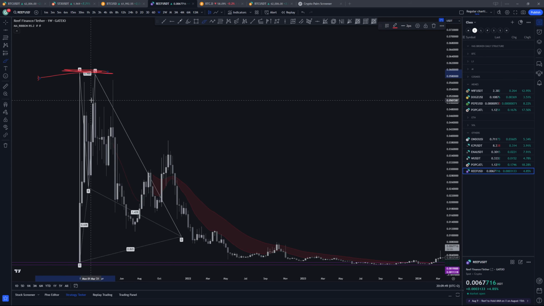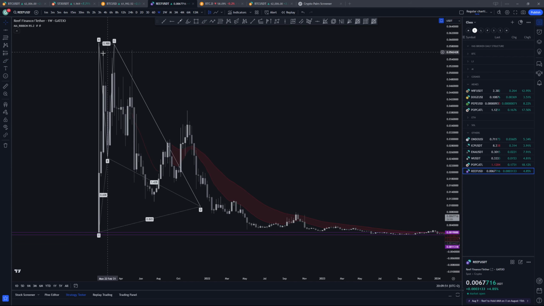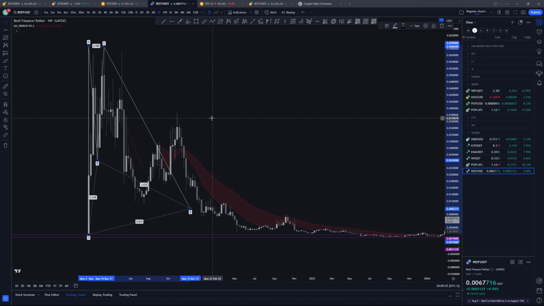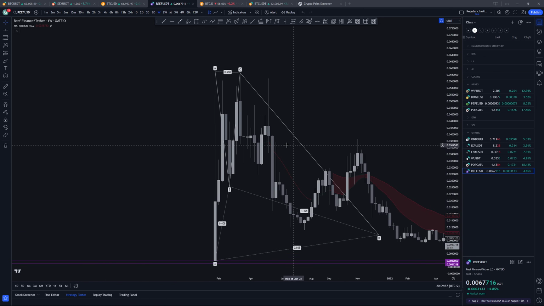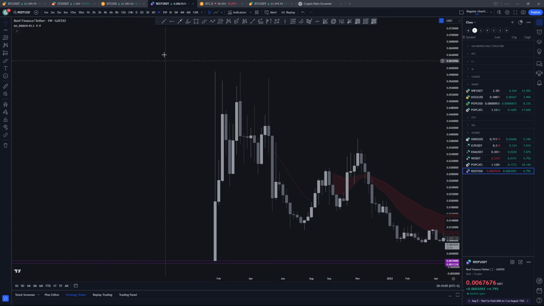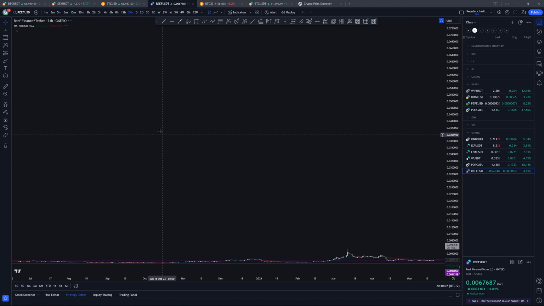Equal highs on harmonics are anti-confluent because you can't get a proper ABCD on it. So let's see. Can I draw anything else on that? Oh, it doesn't. That's not even valid. Wait. Okay. A weird chart.